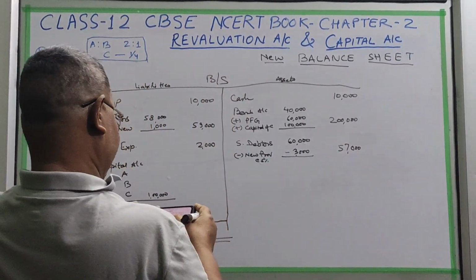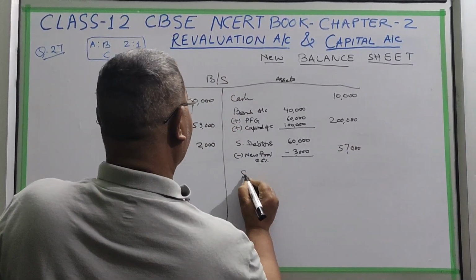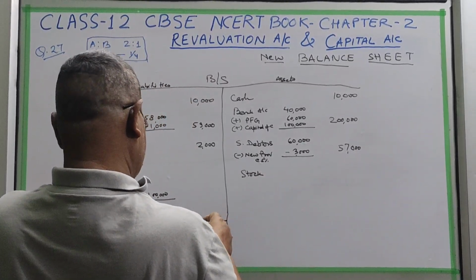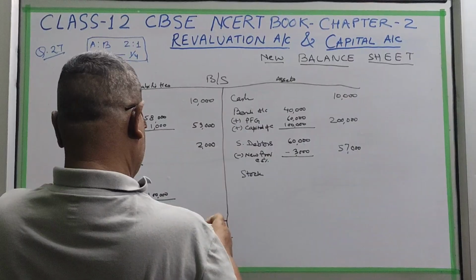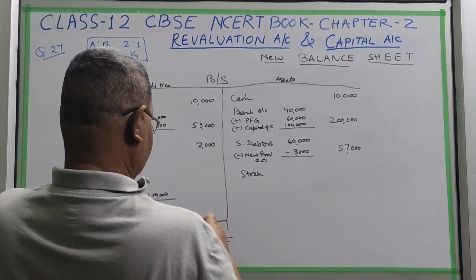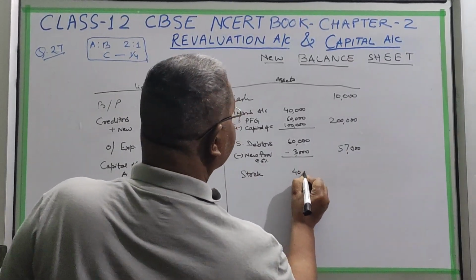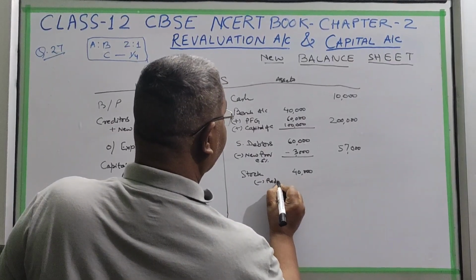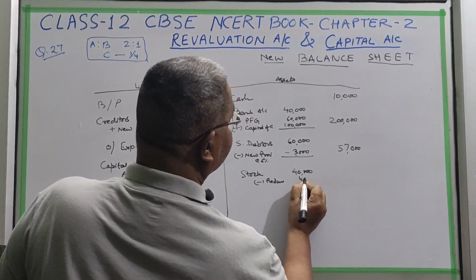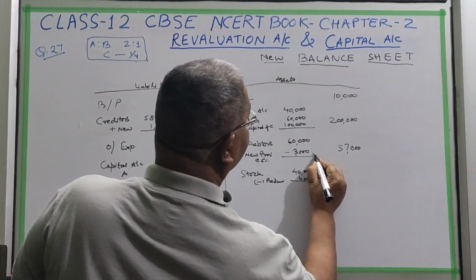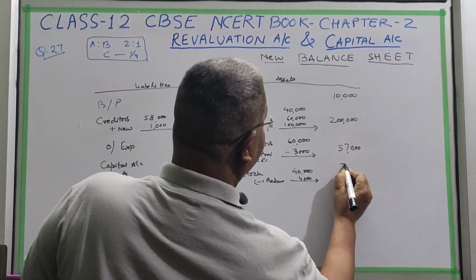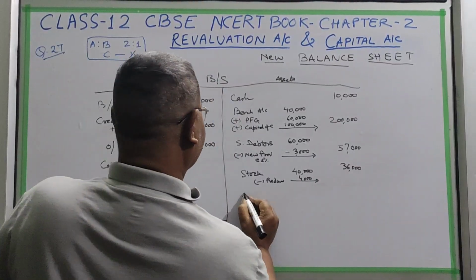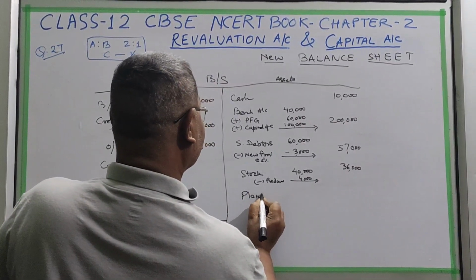Then stock is 40,000, and stock was reduced by 4,000. So 40,000 less 4,000, it is 36,000 stock.